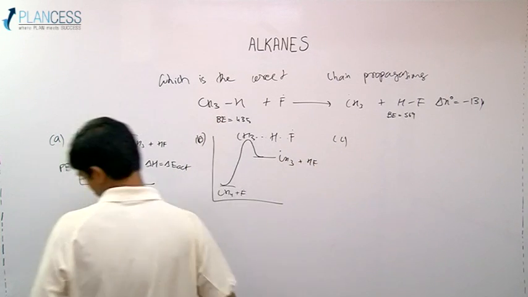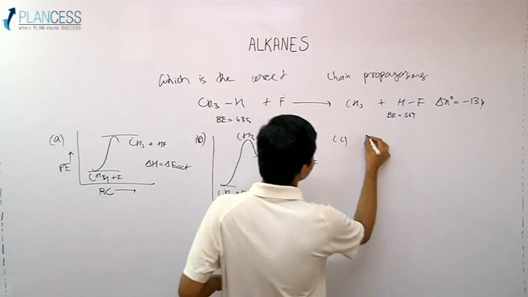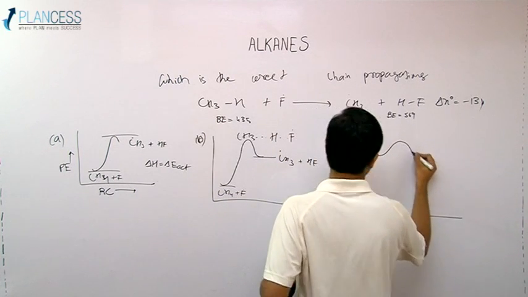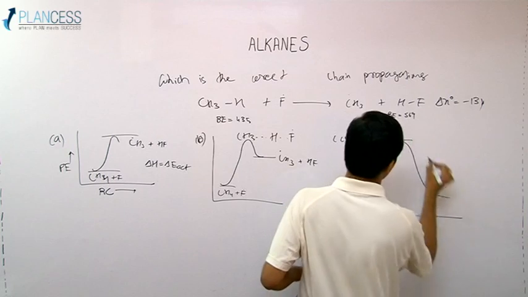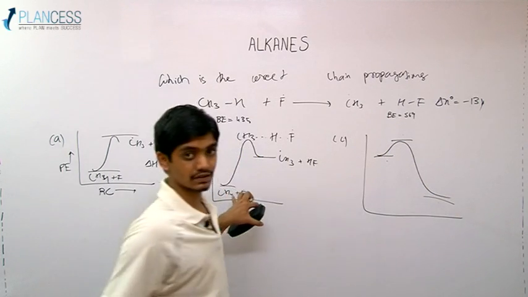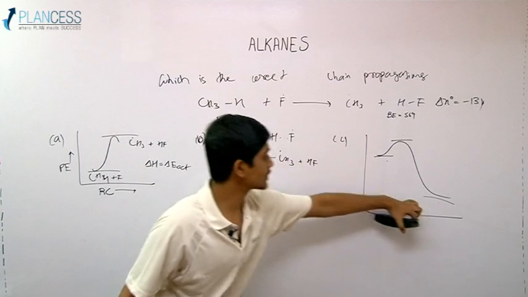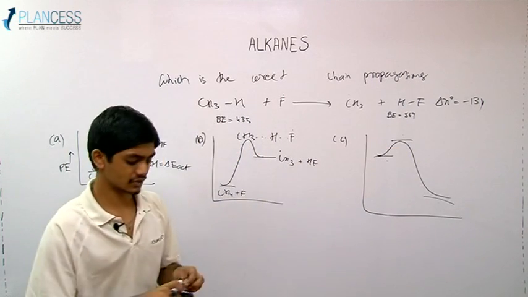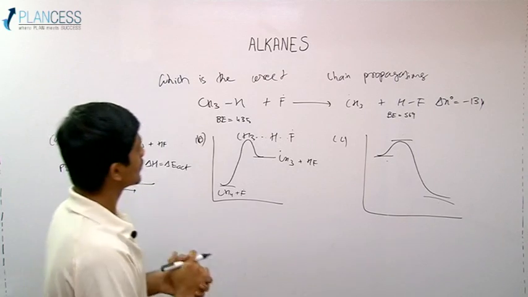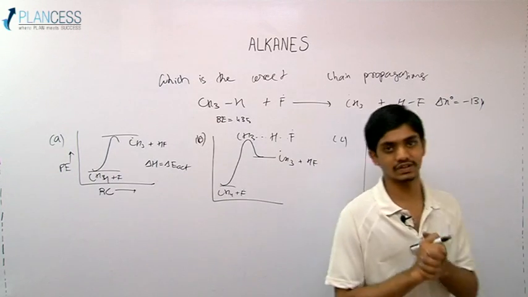The third option is where the potential energy diagram starts like this, goes up and then comes down, and these three are obviously one the reactant, one the product, and this is of course the transition state. So out of these three options we have to select which one is the correct potential energy diagram.